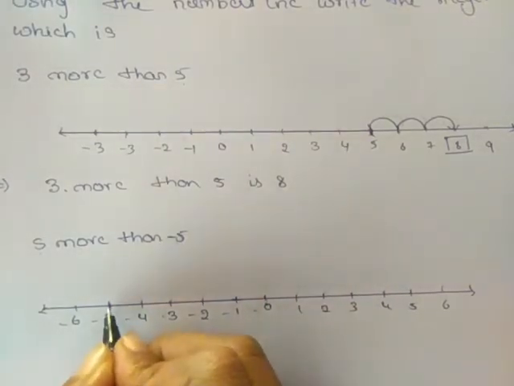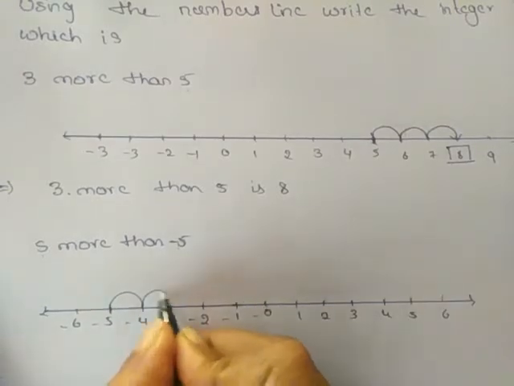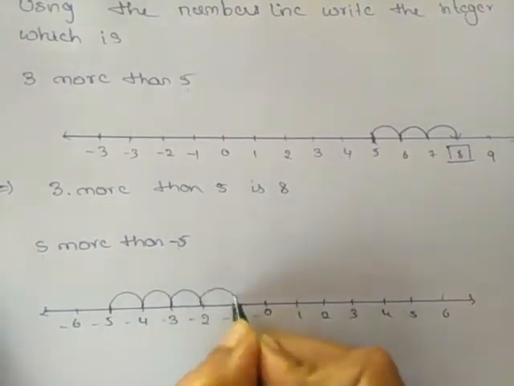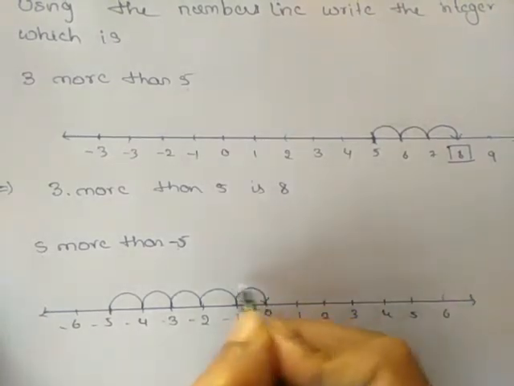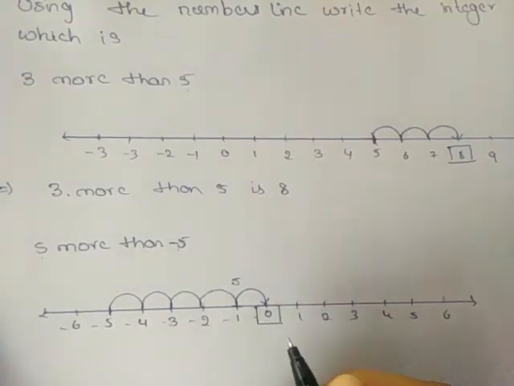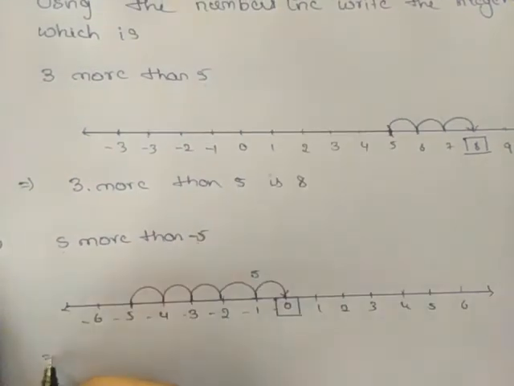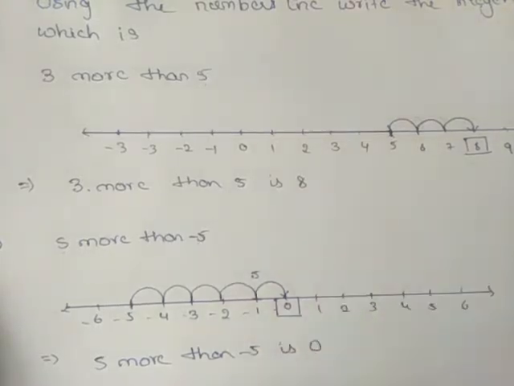So from minus 5, 1 step, 2, 3, 4, 5 steps I have moved. Now I am at 0 here. So we'll write the solution as 5 more than minus 5 is 0.